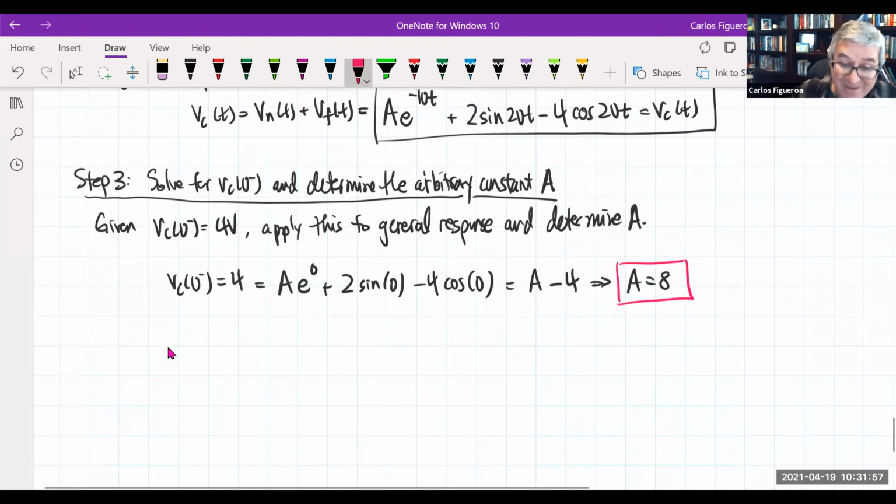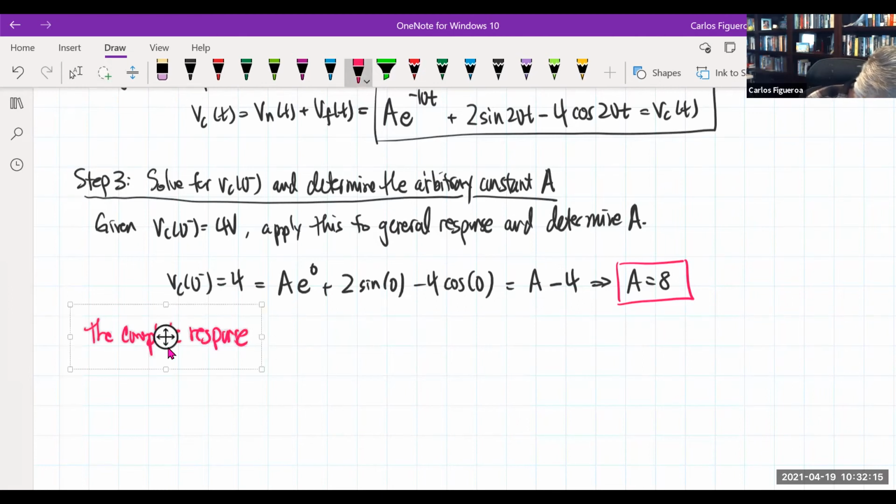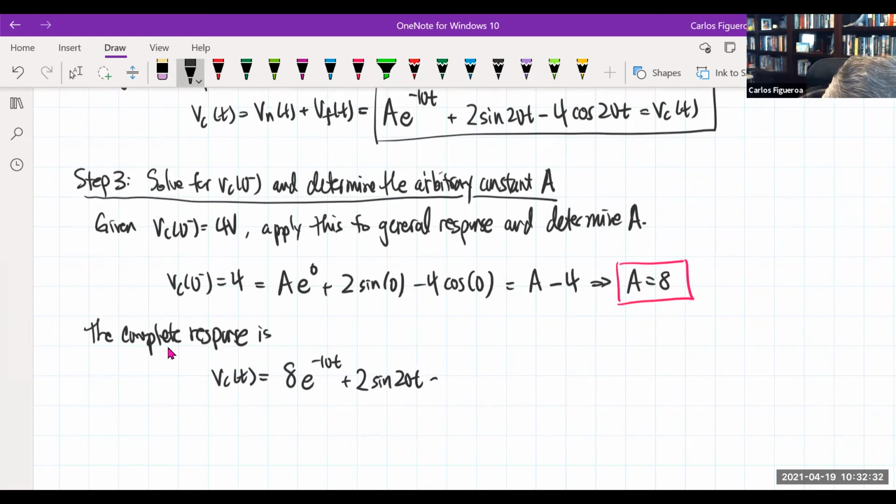So now I know that with all my constants, A, B1, and B2 being solved, the complete response is then VC of t, which will be 8e to the minus 10t plus 2 sine of 20t minus 4 cosine of 20t.